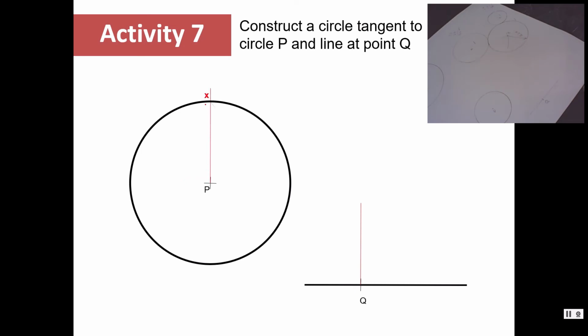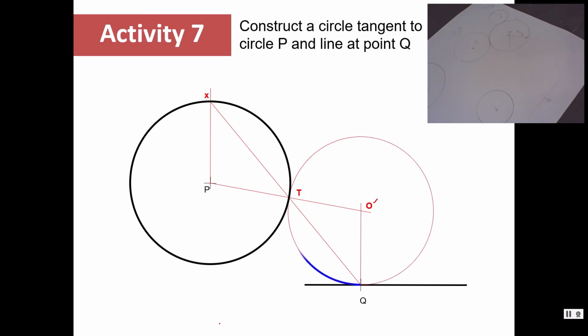Just go a straight line P and then Q, and then connect X to Q, and then from P they're going to touch the tangent T and O, and then you got the O. You can draw the circle. Okay, so that's all. That's how to do it.